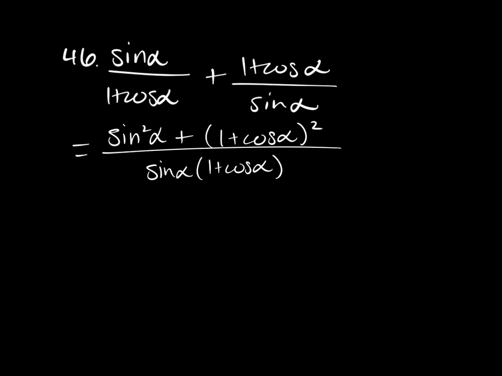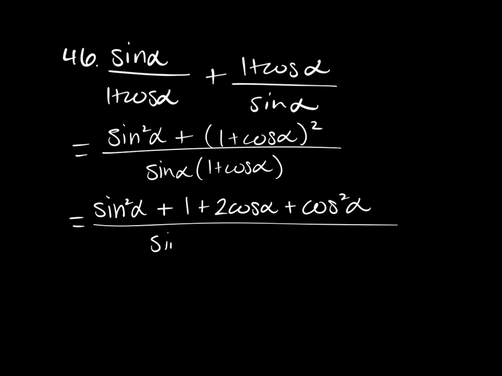Okay. In order to really simplify, I need to FOIL that quantity squared in the numerator. So I get sine squared alpha plus 1 plus 2 cosine alpha plus cosine squared alpha all over sine of alpha times 1 plus cosine of alpha.